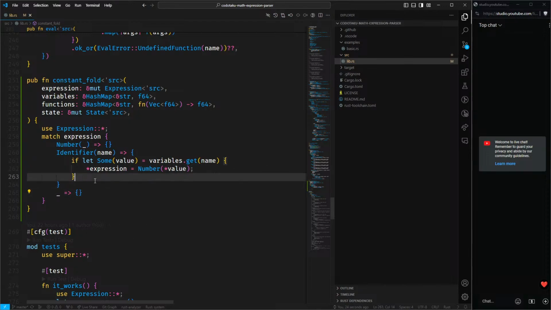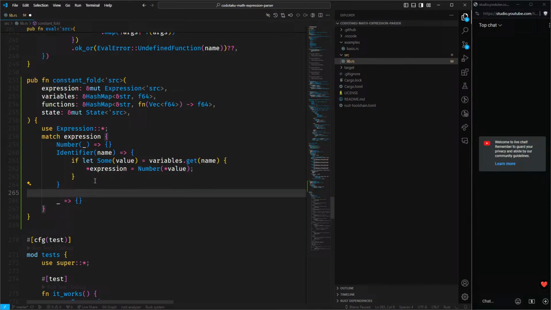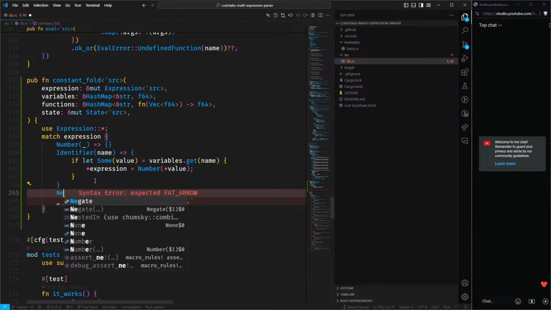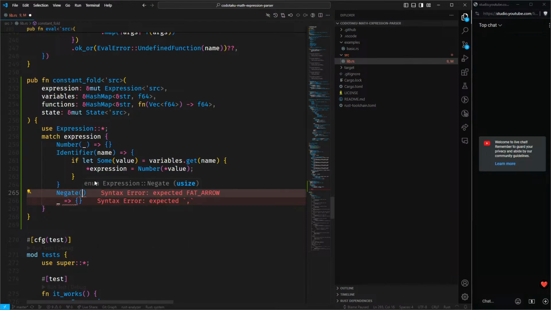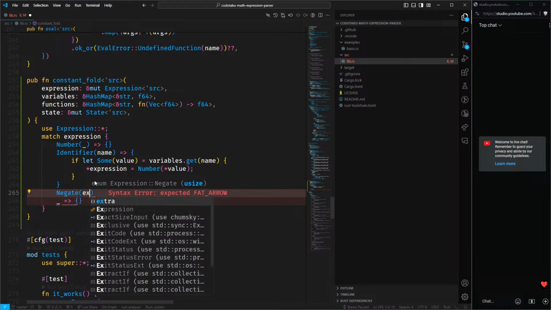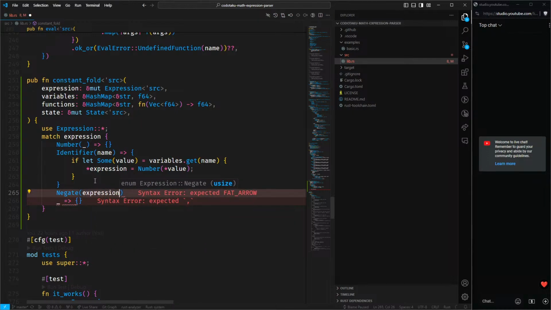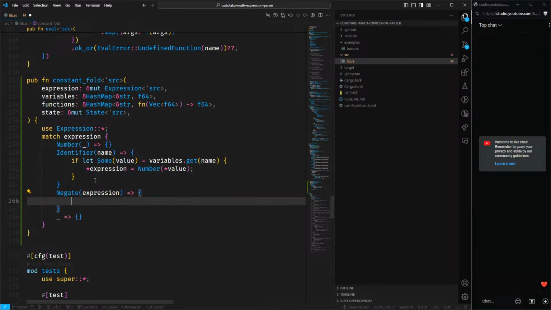And there you go. Now, that's still nothing fancy yet, but where it becomes a bit fancy is when you take into account the negate function, which takes a usize, which is the actual expression index, or you can think about it as the reference. Okay, so how are we gonna do this? Negate expression.